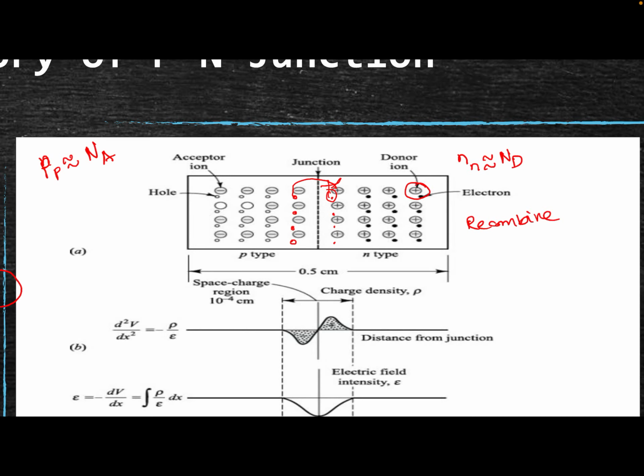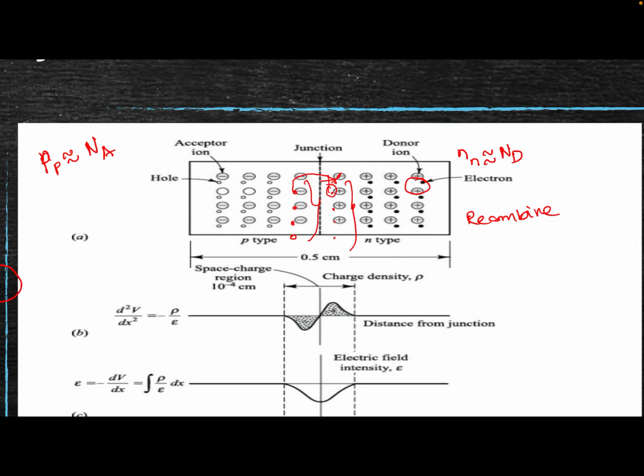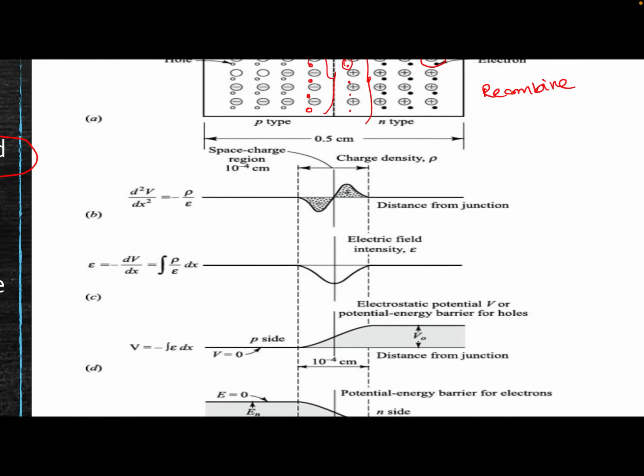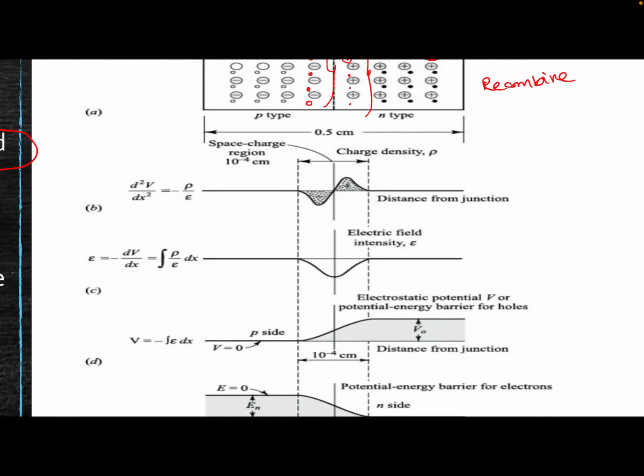So this hole and electron pair have recombined with each other, leaving behind the acceptor ions and donor ions uncovered. These acceptor ions and donor ions are uncovered ions. Because of these uncovered charges on either side of the junction, they will form an electric field.